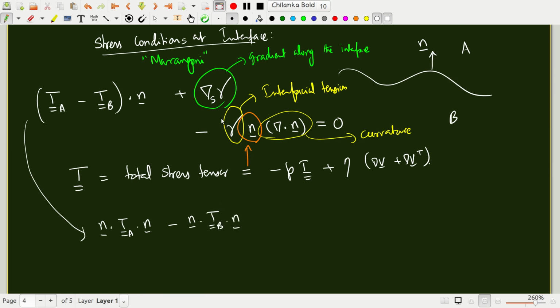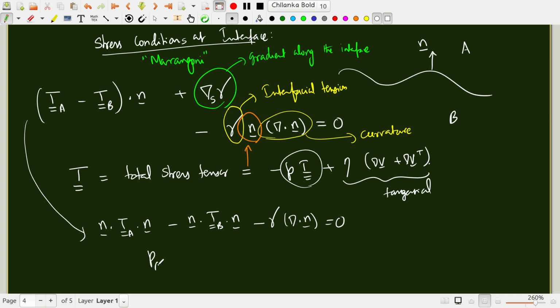Now this term is pointing purely along the surface, so it is perpendicular to n, and if I take the dot product, you will get 0. On the other hand, this will give you minus gamma del dot n. Instead of T, if I substitute minus pi and so on, the only thing that will contribute in the normal stress balance is the pressure.